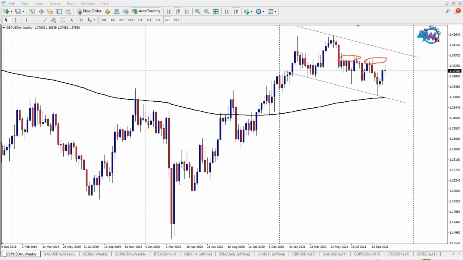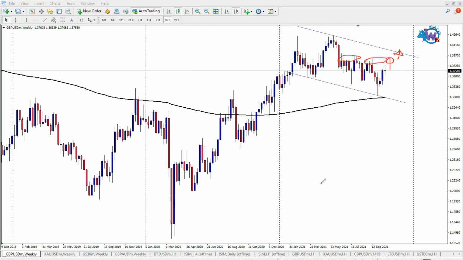Remember, this is the weekly, so let's say 3 to 4 months, price has just been rejecting within this area. Currently, I'll be expecting price to push higher back into that zone. Then, if there is strong volume to the upside, then a break, at least to retest the upper boundary of this channel. This is on the weekly.